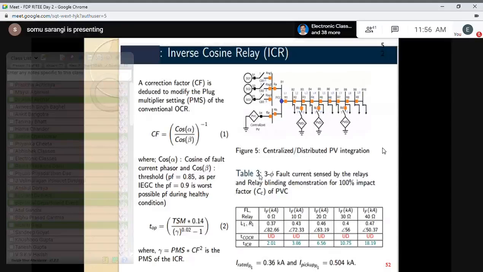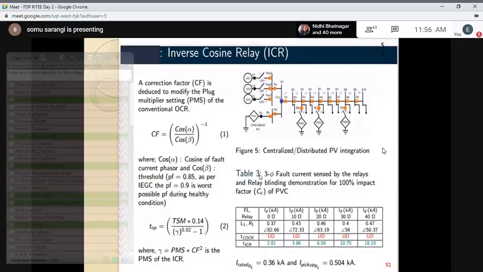If the power factor is less than 0.85, definitely some issues will be there. There is a possibility that the synchronous generator is not connected, and the fault current is supplied from the PV, that is photovoltaic sources.